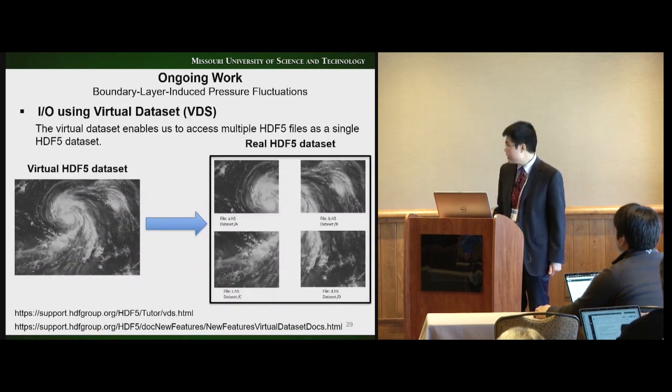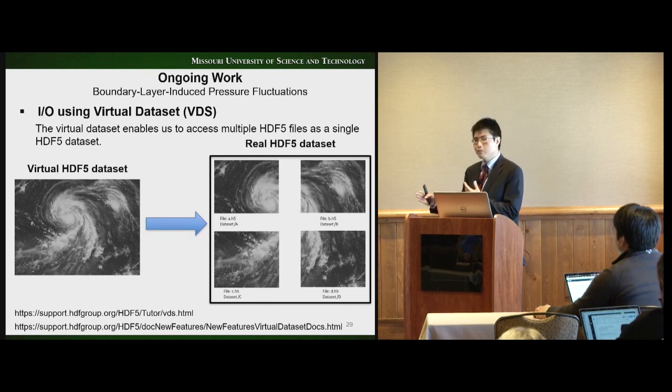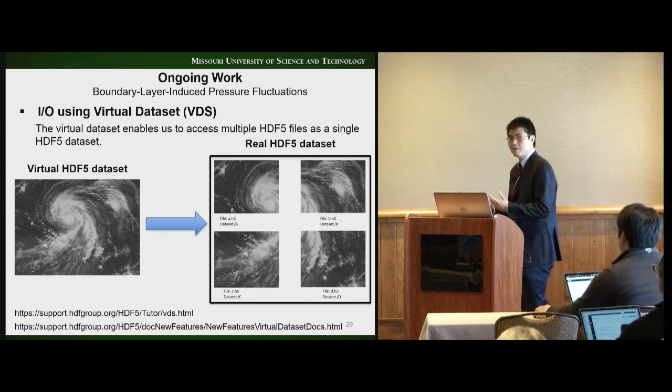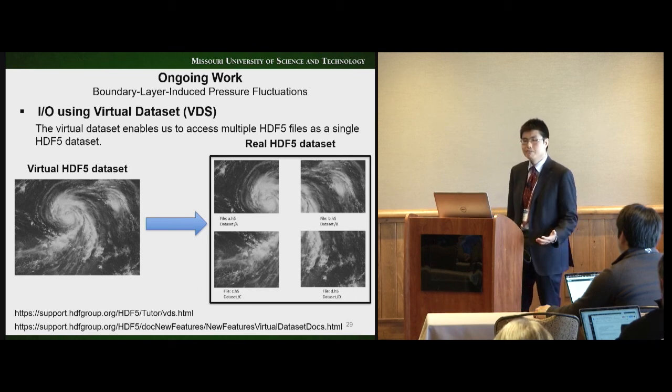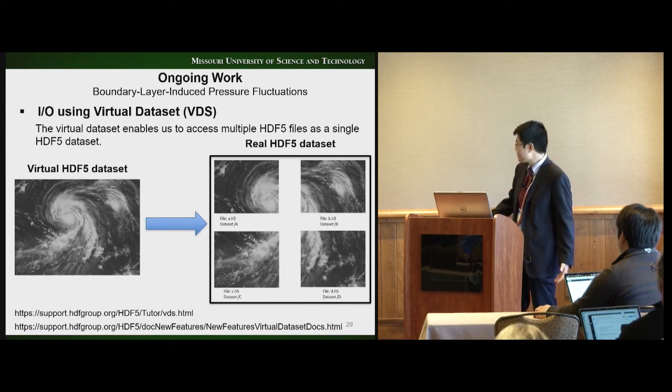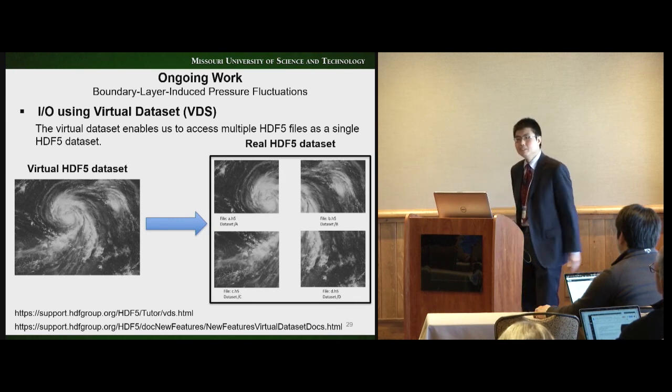And then lastly, since we have done a domain decomposition when we write out our data, we try to change our post-processing code as late as possible. Essentially, we want to make use of the so-called virtual datasets of the HDF5 library, so that this divided data can behave the same as if you had a single snapshot.